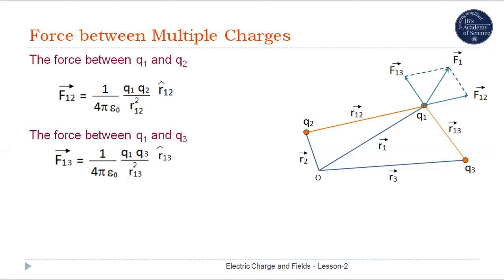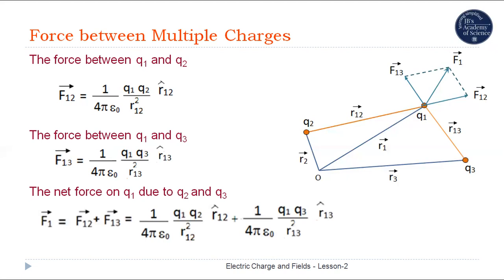Now, the net force on Q1 due to Q2 and Q3, F1 is equal to F12 plus F13. Vector sum of both the forces, which is equal to 1 by 4 pi epsilon 0 Q1 Q2 divided by R12 square R12 cap plus 1 by 4 pi epsilon 0 Q1 Q3 divided by R13 square R13 cap.